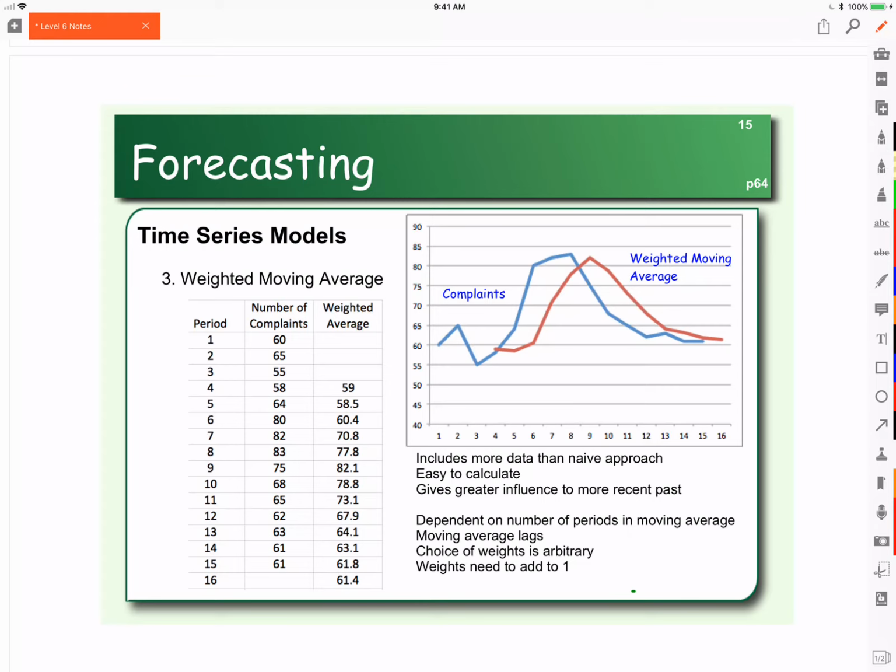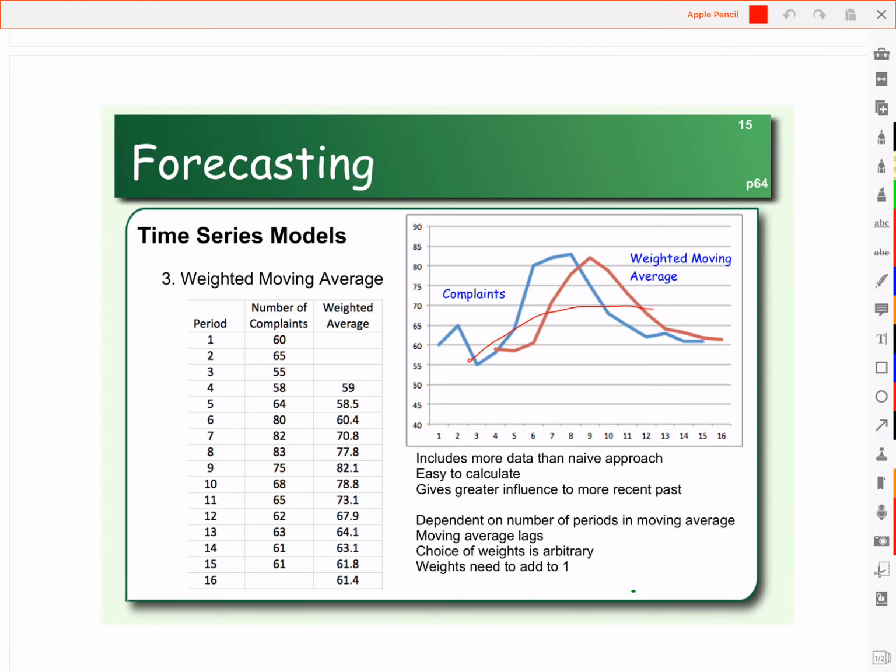It's going to be dependent on the number of periods you choose, so you choose 3, 5, 7, something along those lines, depending on how smoothed out you want your forecast, or whether you want it to respond to actual changes in terms of big up and down changes, or whether you want it to be more smoothed out.